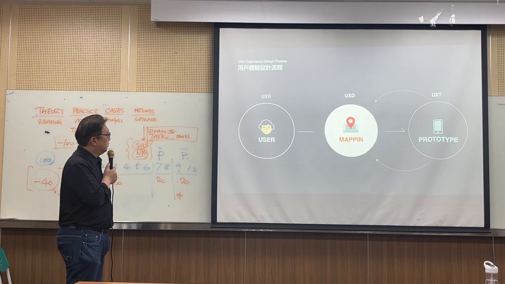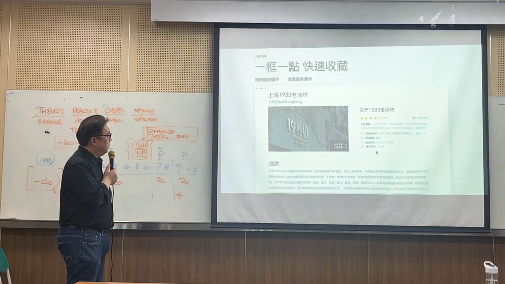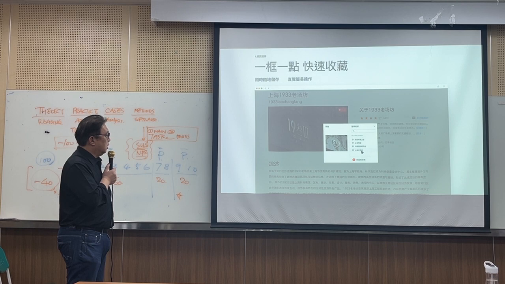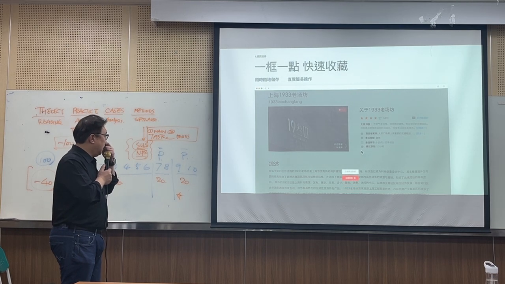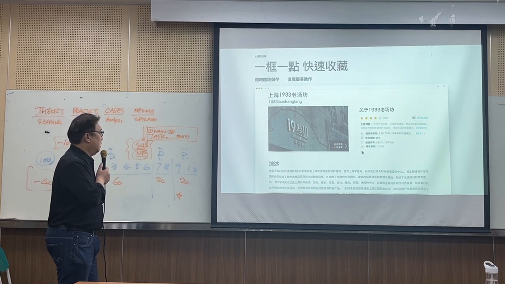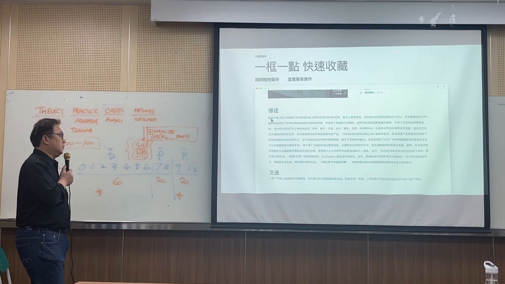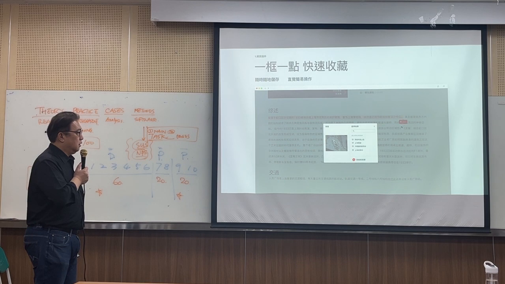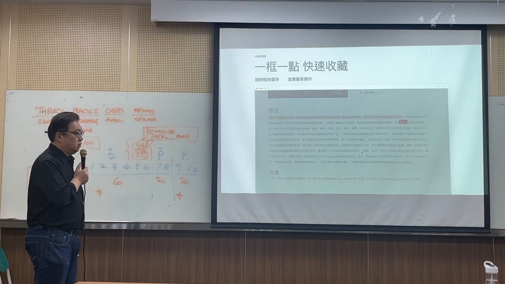Okay, so then we do mapping. For example, this is the original design. This one is a website plugin. It tells you how I can select information and use mapping to store the information.